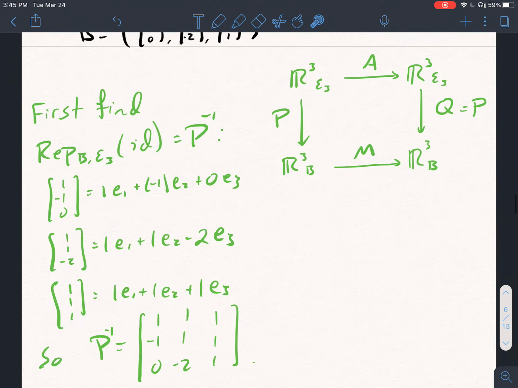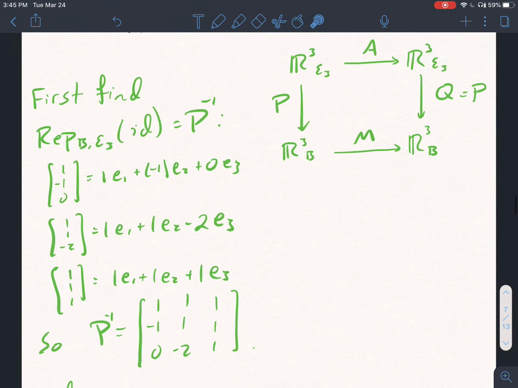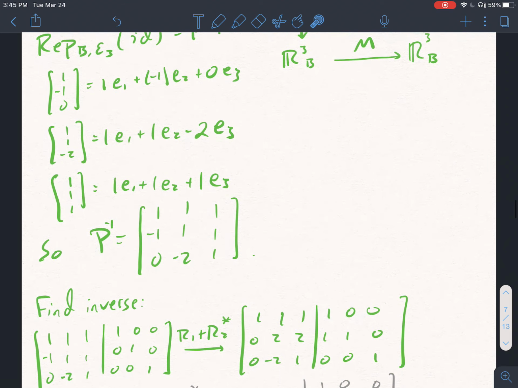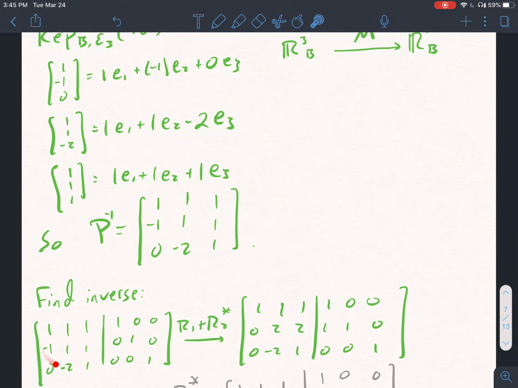So how do we find the inverse of a 3 by 3 matrix? Well, there is a formula for the inverse of a 3 by 3 matrix, but I don't think it's worth remembering. If you don't have a calculator or MATLAB or Wolfram Alpha to do it for you, you could always do it by row reducing the matrix and simultaneously doing the same row operations to the identity.